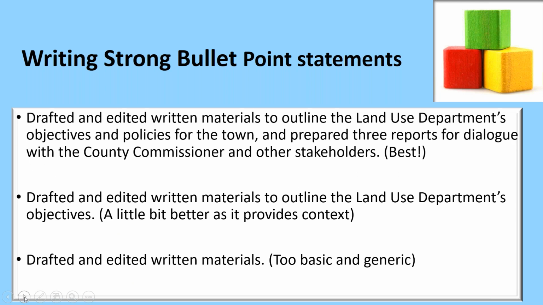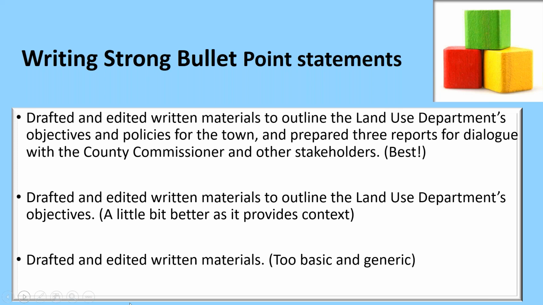And then in the final bullet point statement here, it says the individual drafted and edited written materials to outline the land use department's objectives and policies for the town and prepared 3, there's the quantifying part, reports for dialogue with the county commissioner and other stakeholders.